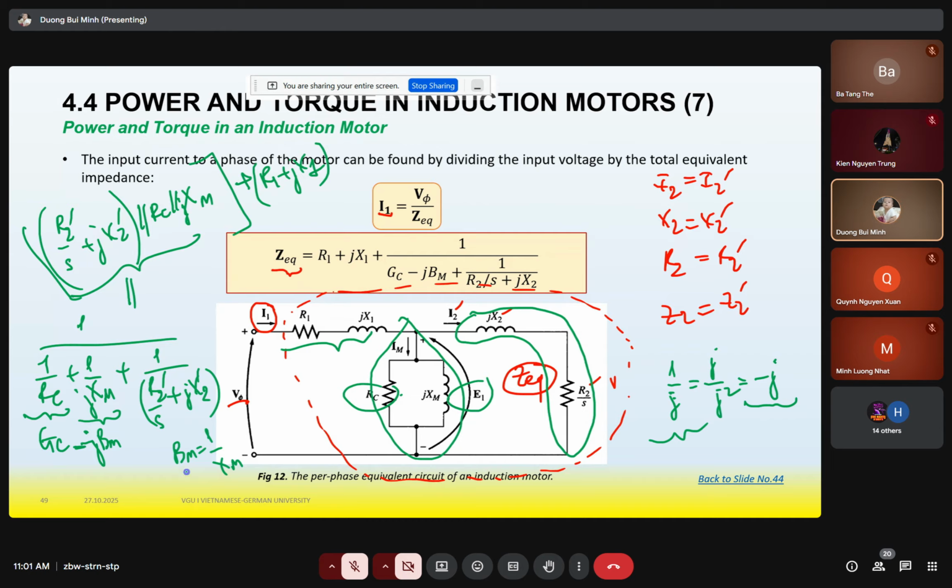Finally we have 1 over (GC minus jBM plus this ratio), plus R1 plus jX1, and you get Z_EQ, the equivalent impedance. When we get the equivalent impedance, we can get I1 because we know V phase: V phase over equivalent impedance gives I1.